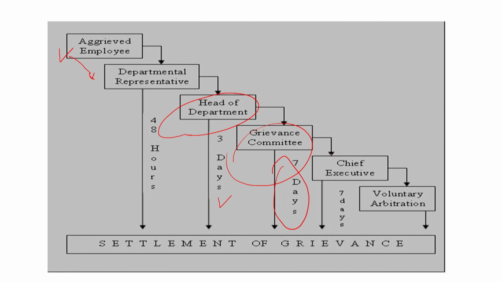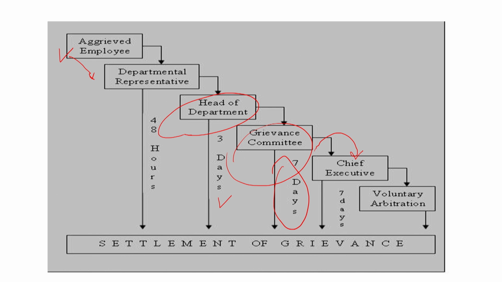Supposing if the aggrieved employee is again not satisfied, then an appeal for the revision of the final decision can be made by the worker. Even if it is not done, or if the person is not satisfied, in other words, if the grievance still remains unsettled, then it can be referred to the chief executive of the company.